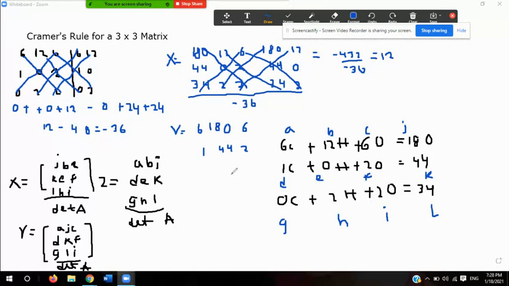And then over G, L, I, so G would be 0, L would be 34, and I would be 2. And the determinant we found was negative 36.